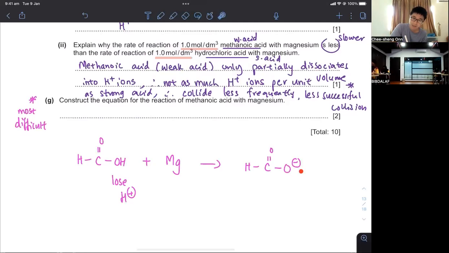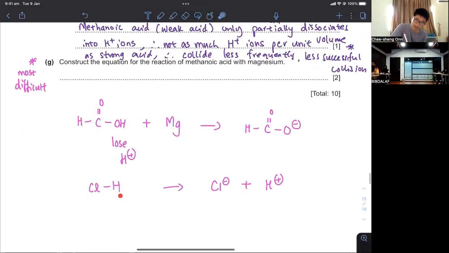The H is gone and you become a minus. That is what happened with HCl, right? Become Cl minus and H plus. You lose H and you become a minus. This is called methanoate. With 2 carbon, it's called ethanoate, and so on and so forth.